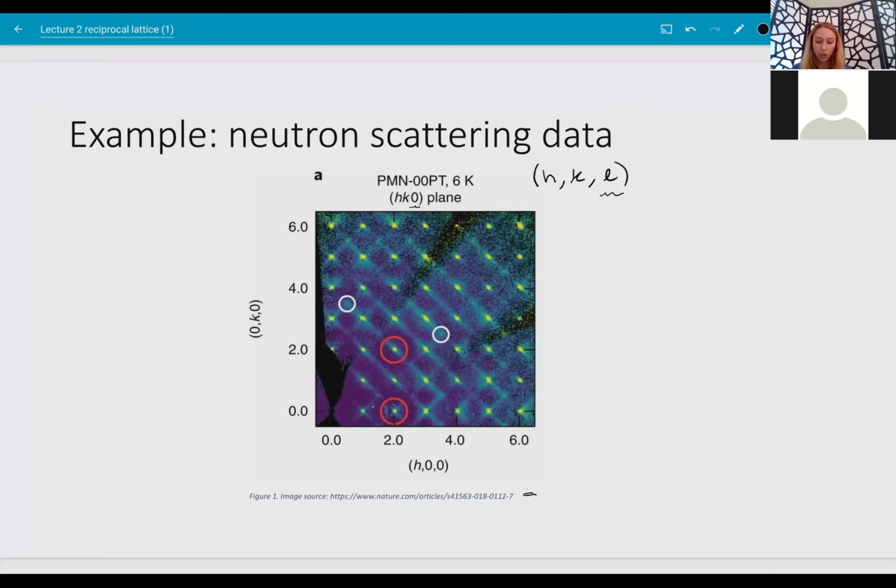So they make an integer grid, and each of these bright yellow points represents the points on the reciprocal lattice. So each of these points can be described as some reciprocal lattice vector, using the equation that I had on the previous slide.